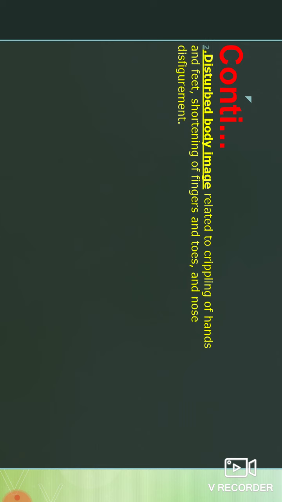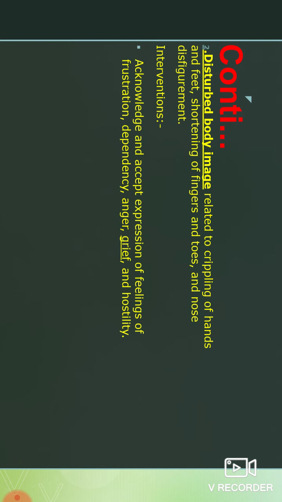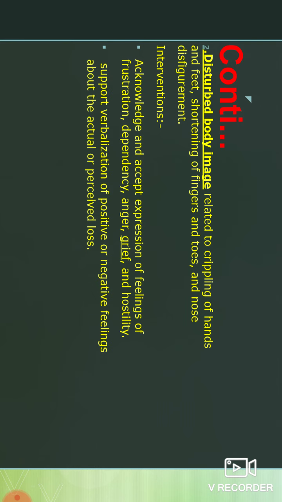Now the second nursing diagnosis is disturbed body image related to crippling of hands and feet, shortening of fingers and toes, and nose disfigurement. Interventions: first, acknowledge and accept expression of feelings of frustration, dependency, anger, grief, and hostility.